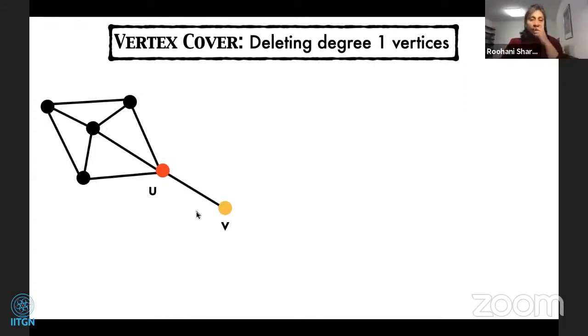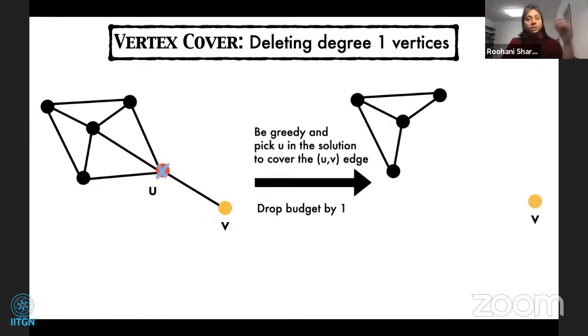So in this scenario, it's not difficult to see that we can always choose to pick U in the solution, drop the budget by 1, so we get this graph, and then after that V becomes isolated, and then we delete V too.